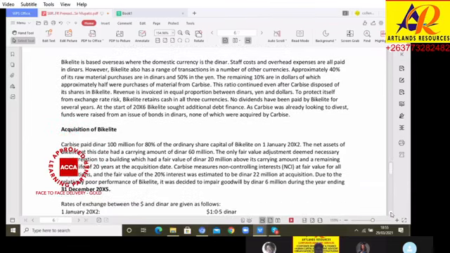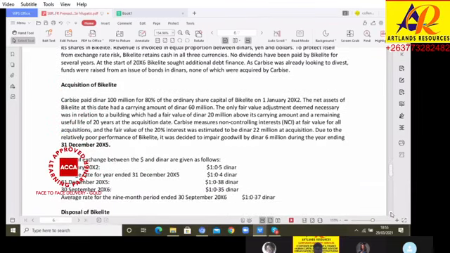Acquisition of Bakelite. Cabais paid 100 million dinars for 80% of ordinary share capital of Bakelite on 1 January 2022. The net assets of Bakelite at this date had a carrying amount of 60 million.